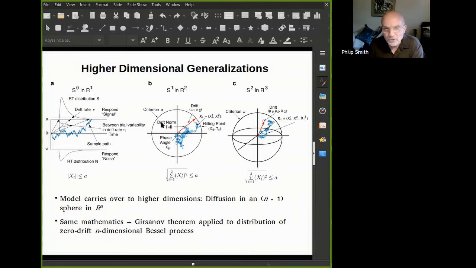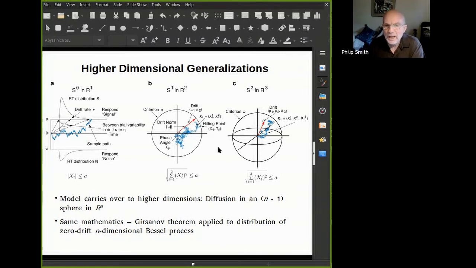The model that we've just talked about, the circular model, has evidence accumulation taking place in R2, the Euclidean plane, on the interior of a one sphere, which is just a circle. And this can carry over, if you wish, to diffusion in R3, the three-dimensional Euclidean space, in the interior of a two sphere, which is just a regular sphere.